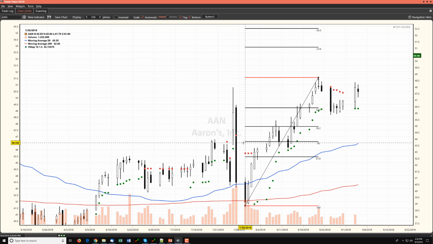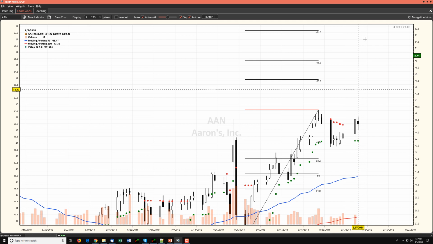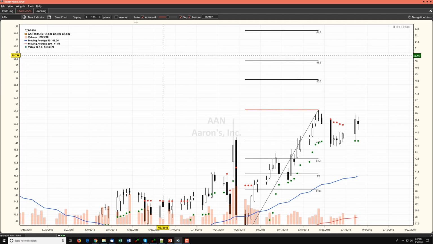So that's how I had set up this particular trade, looking for a breakout buy with, I believe, a 23.6 pullback. So I was looking for a 38.2 first target and a 61.8 second target.